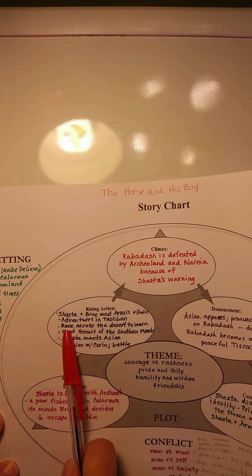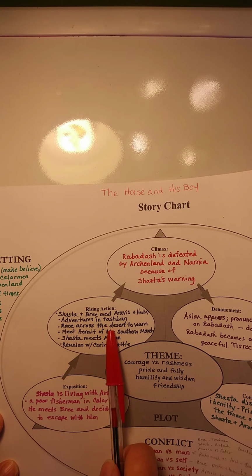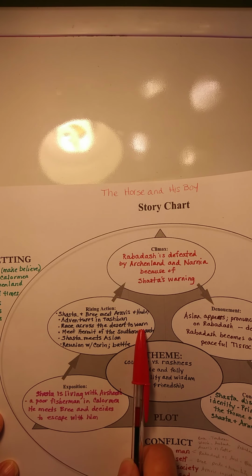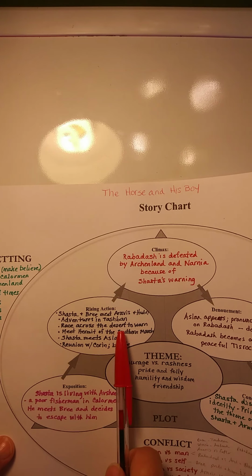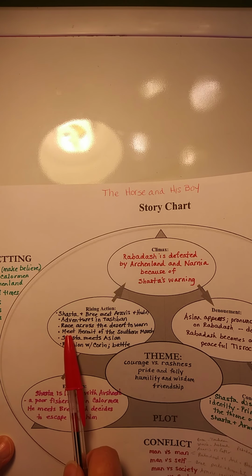Then we have their meeting at the tombs and racing across the desert to warn King Lune of Archenland about his impending attack, the impending attack of Rabadash.